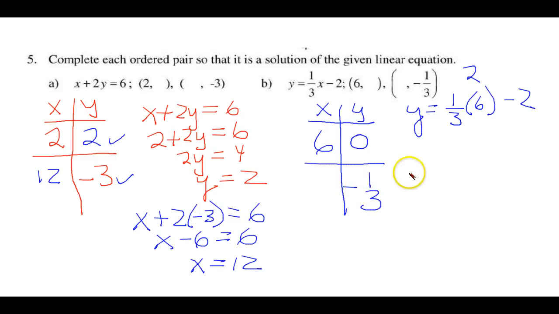Now this one's a little more tricky because we have a -1/3 equals 1/3 x minus 2. So we're putting our value of -1/3 where the y is. And here we can use that technique of getting rid of fractions by multiplying everything by 3.